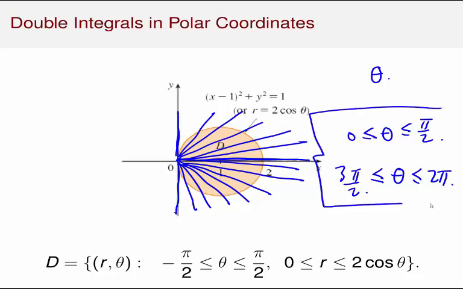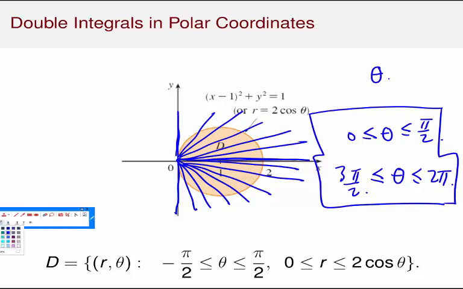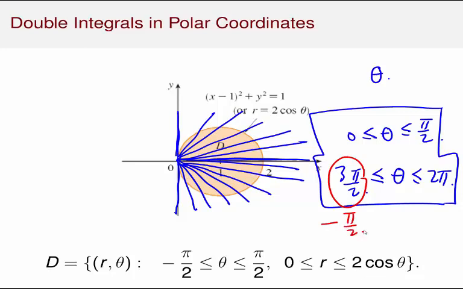Well, we can combine these two sets of inequalities by observing that the angle 3 pi over 2 can be represented by negative pi over 2. In other words, the negative here says that we measure the angle from the positive x-axis in the clockwise direction.